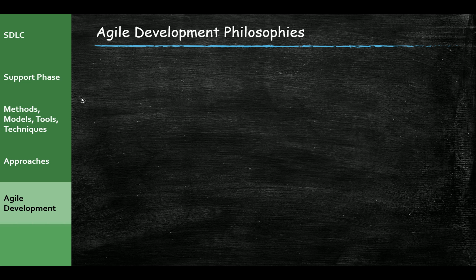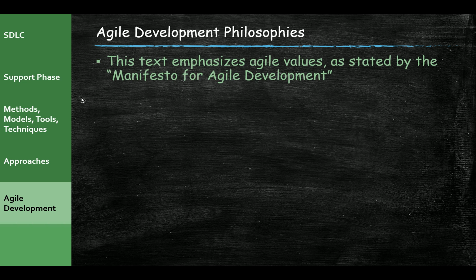So finally in this chapter, we talk about Agile development, which is sort of a buzzword now. You'll hear people say Agile development. What is Agile development? This text emphasizes Agile values as stated by the Manifesto for Agile Development. Value responding to change over following a plan.